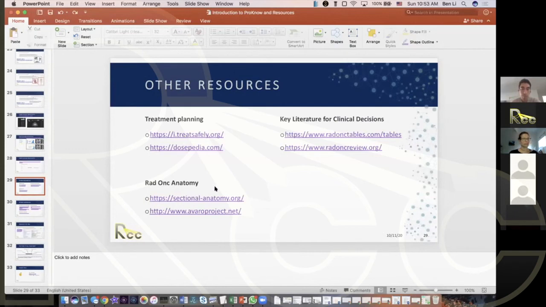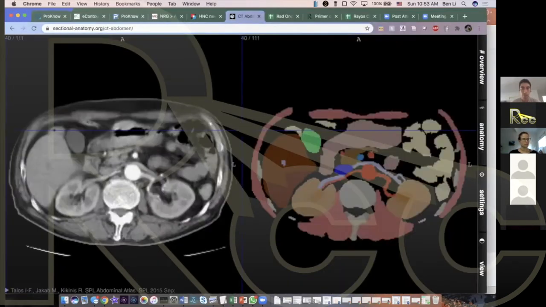For anatomy, I really like sectionalanatomy.org. You see the CT on the left, and then you can see a cartoon on the right. If you want to know what something is, you just click on it, and then it shows you on the bottom: that's pancreas, aorta, inferior vena cava.